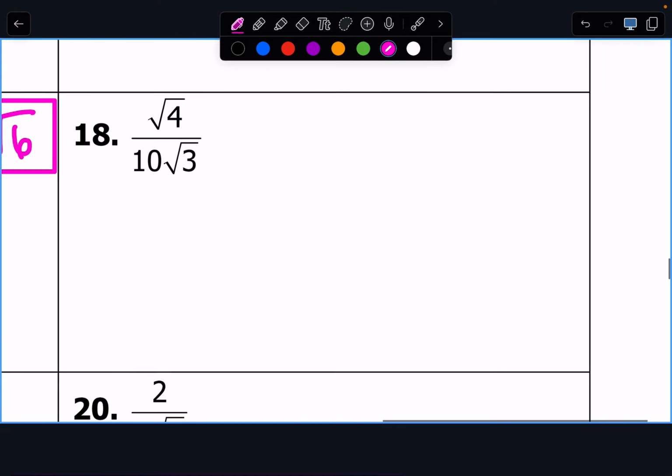I want to look at 18 because even though it looks a little bit straightforward, I get some questions about what the heck to do with that 10. So I have radical 4, which is 2. So I have 2 over 10 radical 3.